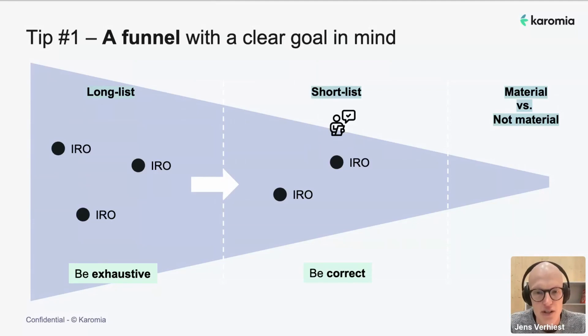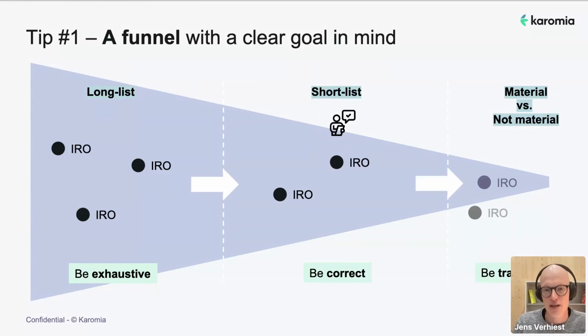There are specific rules and there are specific ways to collect this information, and it is important to follow the guidelines. Now, at the end of the funnel, you need to be transparent. There, it's important to be quite articulate on which of the IROs are material and which ones are not, because this is in the end what will drive the scope of your CSRD report.